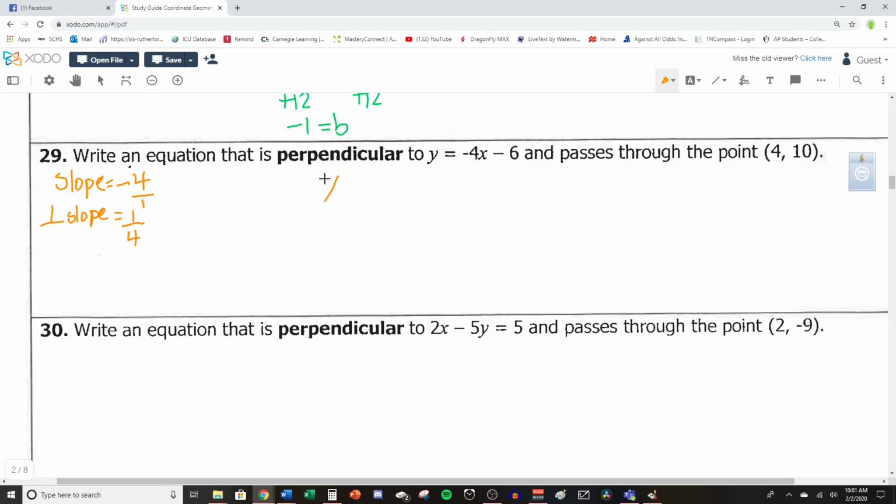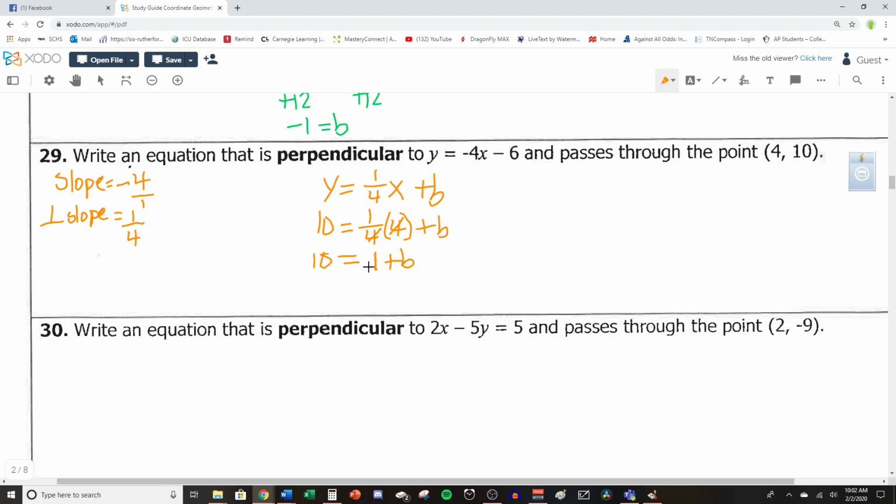So let's go ahead and set up our equation. y equals 1/4 x plus b. We don't want to use the same b value. To solve for b, we plug in these points. The y value is 10, and the x value is going to be 4. When I multiply 1/4 of 4, these 4's go away, and it just leaves you with a 1.